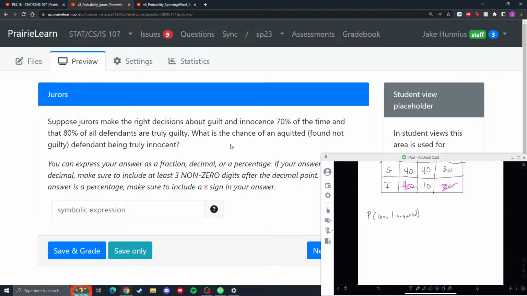For a guilty party, it's going to be 0.7 times 0.2 because it's the probability somebody's guilty and that the jury is wrong. So that's going to be like 0.14, I think.